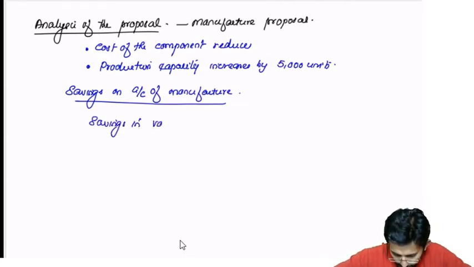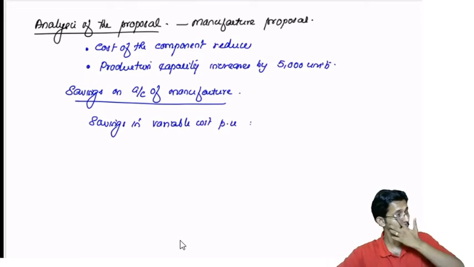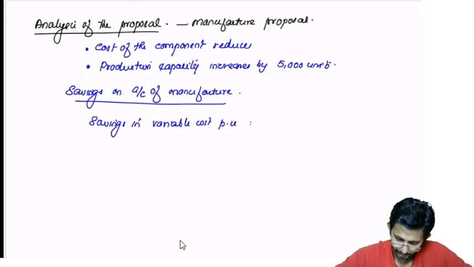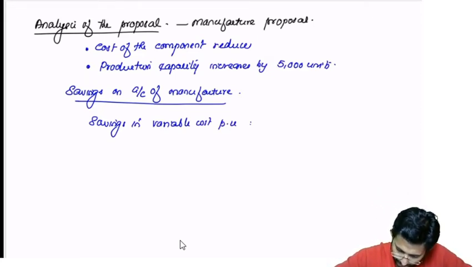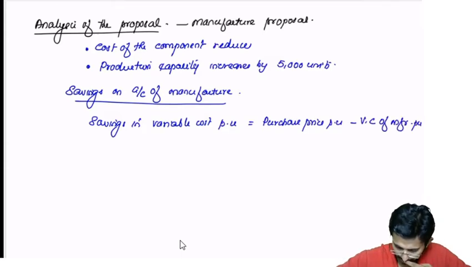Savings in variable cost per unit is equal to purchase price per unit minus variable cost of manufacture per unit.